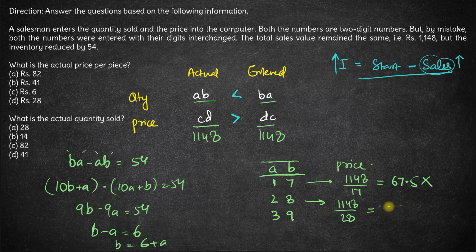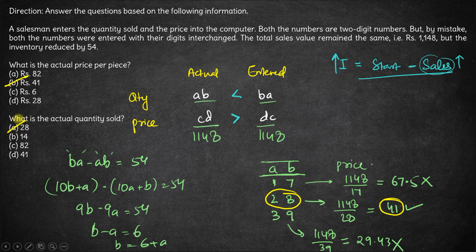This comes out to be 41, which is perfectly acceptable, a two-digit number. What if the actual quantity sold is 39? Then the price per item will be 1148 divided by 39, which is 29.43 something. Again, not a two-digit number, hence this is also rejected. So the only acceptable answer here is that the actual quantity sold is 28 and the actual price is 41.